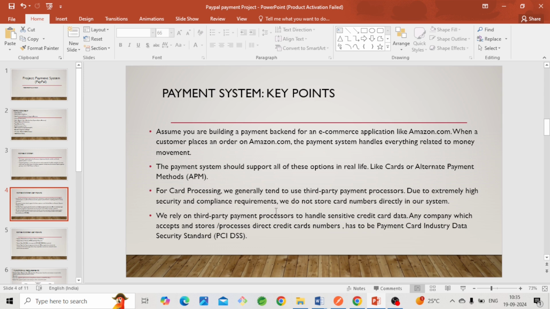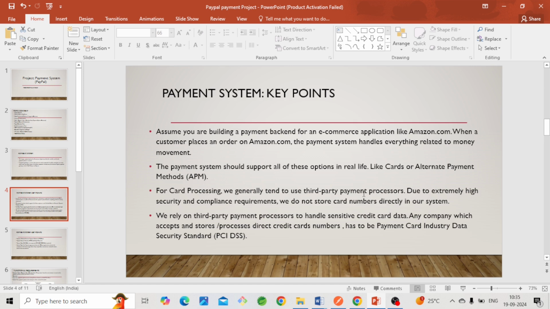In between, we design the payment system to handle this procedure. When the customer is on the e-commerce page and wants to pay, the customer calls the payment system. Then the payment system calls the third-party payment provider service. We will discuss the entire flow in our upcoming slides.